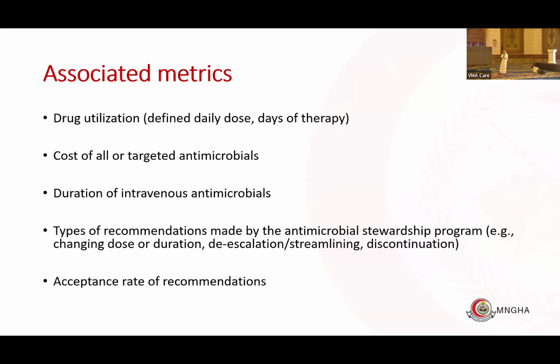This is what I need to measure: drug utilization, DDD, DOT, cost of all targeted antimicrobials, and I'm targeting all patients on Ambisome in hematology oncology, so I will see the cost. Also duration of IV antibiotic, and types of recommendations made by the antimicrobial stewardship program.